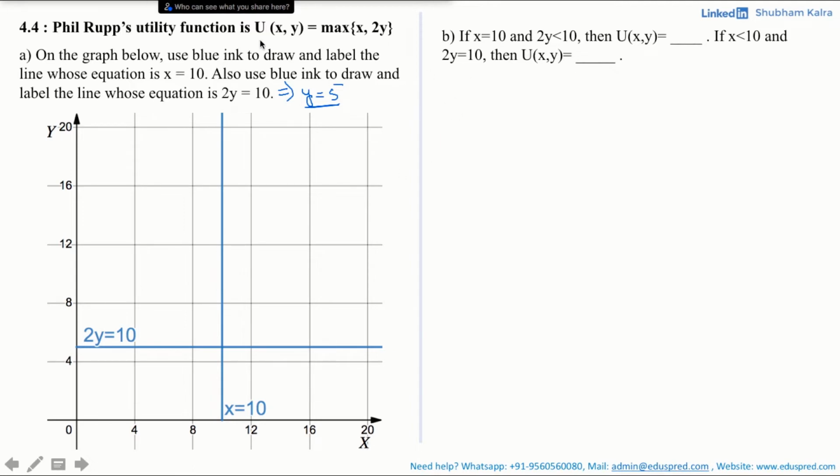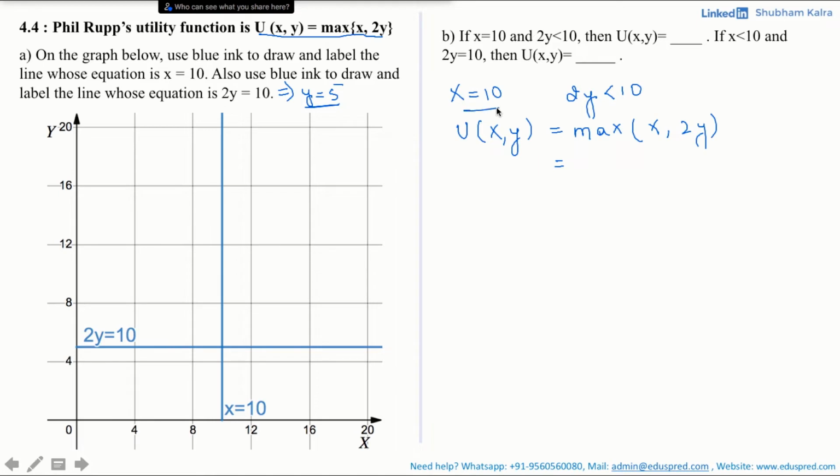So let's begin. We are given the utility function takes the form of max of x comma 2y. Let's consider the first scenario where x is equal to 10 and 2y is less than 10. Substituting these values, u of x comma y is equal to max of x comma 2y.